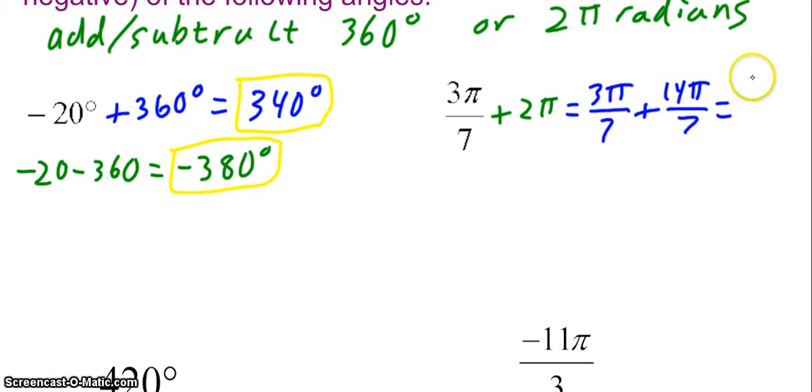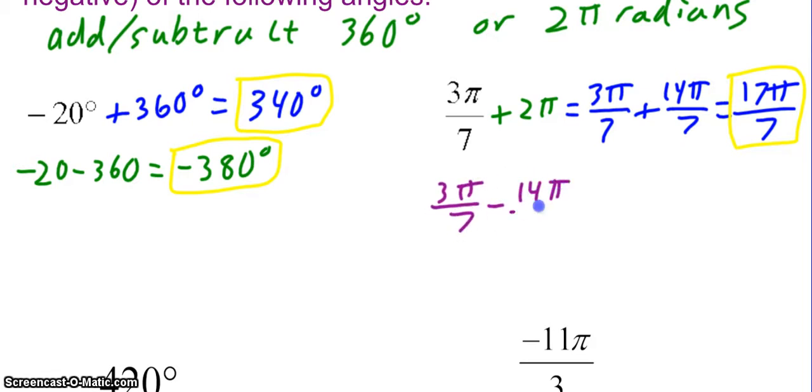So 14 plus 3 is 17 pi sevenths. And if I do subtraction, I'm going to subtract 2 pi, which is the same as 14 pi sevenths, and I get negative 11 pi sevenths.